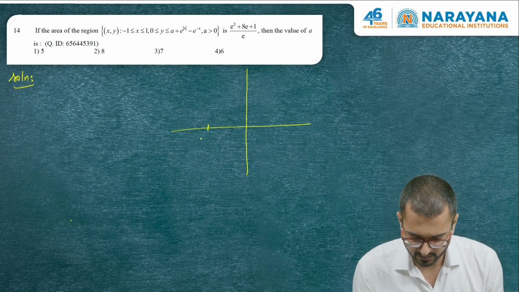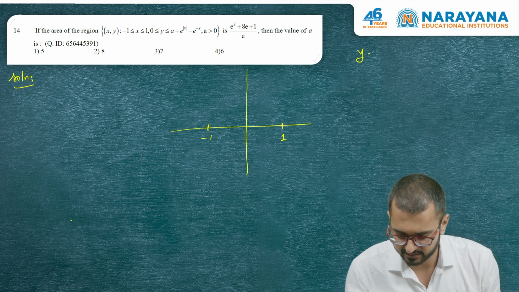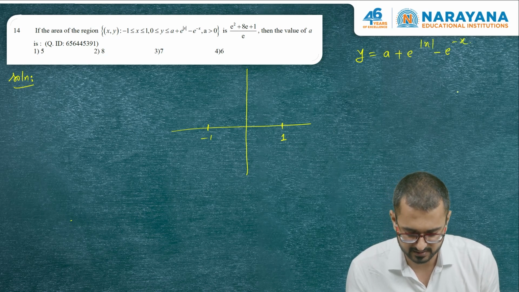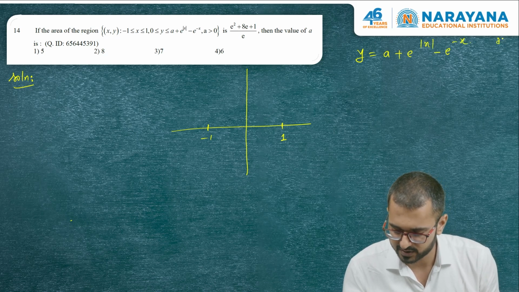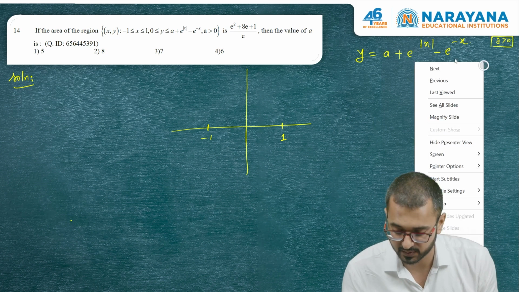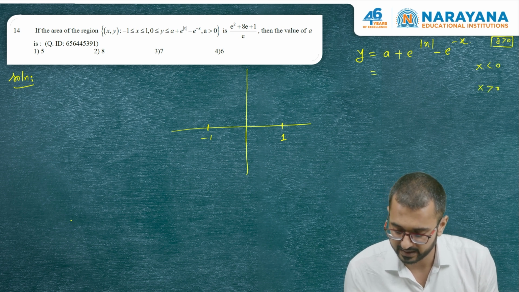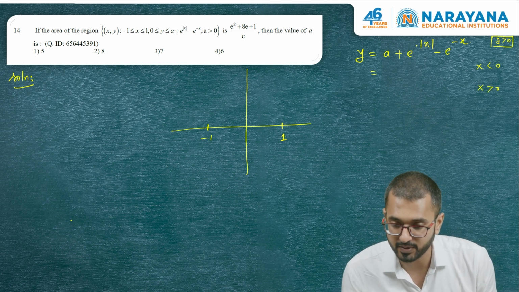Your x is from -1 to 1, and y is given to be a plus e to the power modulus of x minus e to the power minus of x, and a is given to be 0, so no problem. So we'll redefine this function for x positive, x negative. Here what will happen if my x is less than 0 and my x is more than 0. If my x is negative, what will happen? This will become e power minus x.